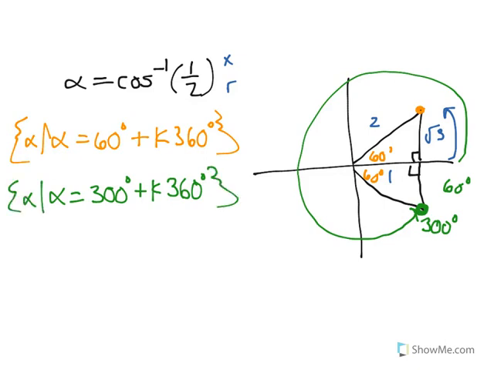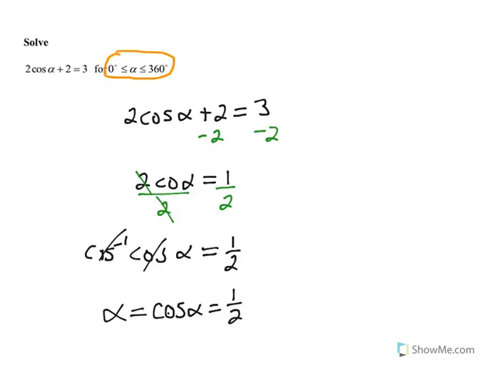But if we go back and look at the directions, they just wanted solutions from 0 to 360. So basically just the first rotation around the circle. And I'm looking at the work. There's a slight little typo here. We took the inverse cosine of both sides, so this should actually not be an alpha here. This should be inverse cosine, since that's what we were doing.